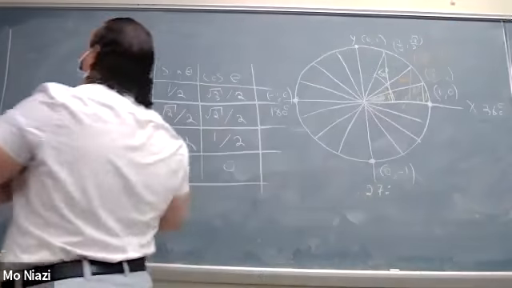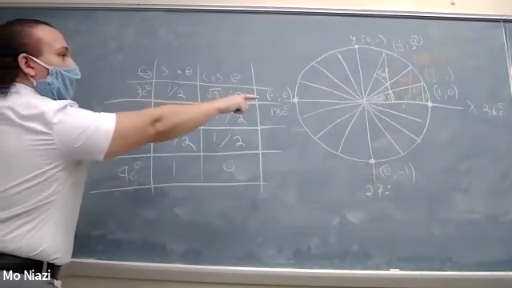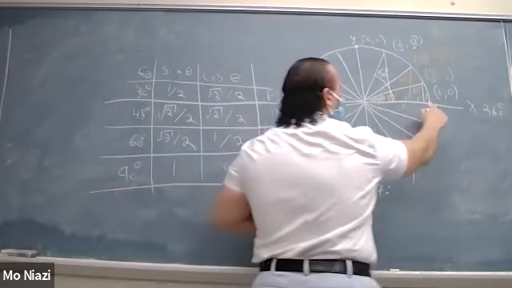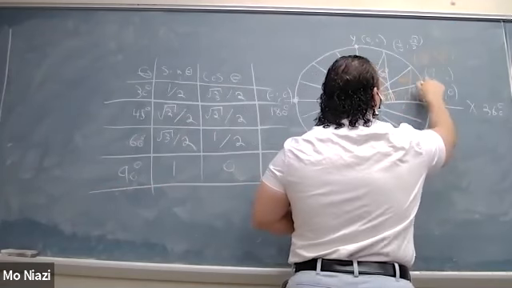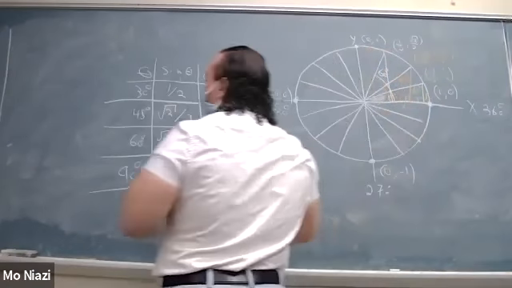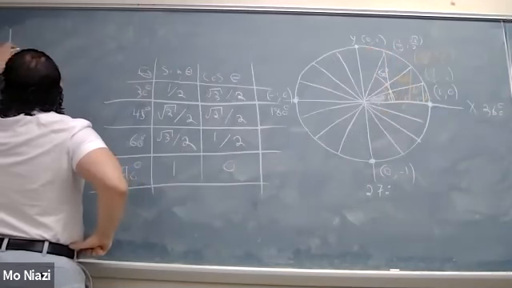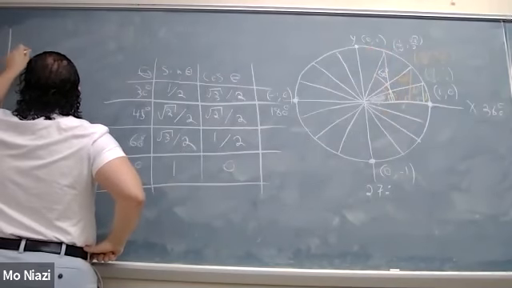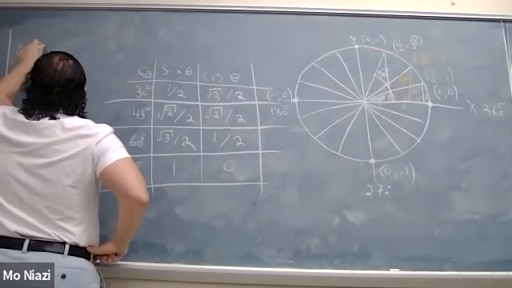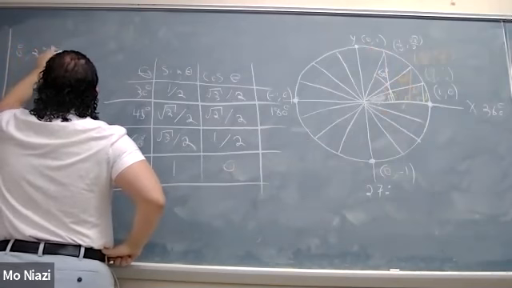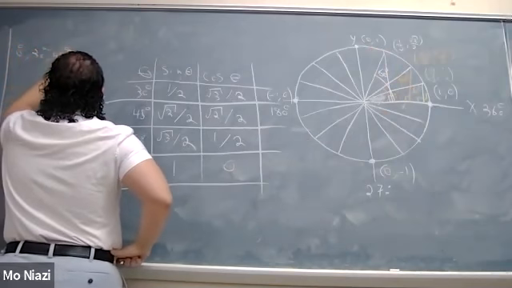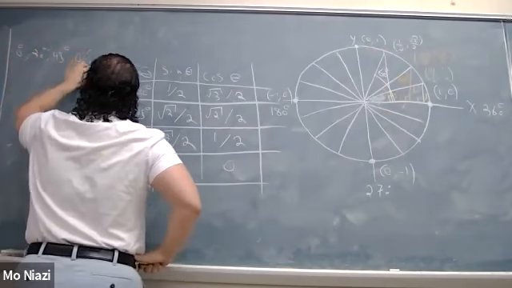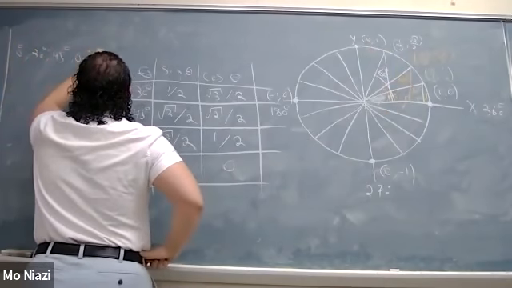So here's how you come up with the special angles: 0 degrees, 30 degrees, 45 degrees, 60 degrees, 90 degrees.